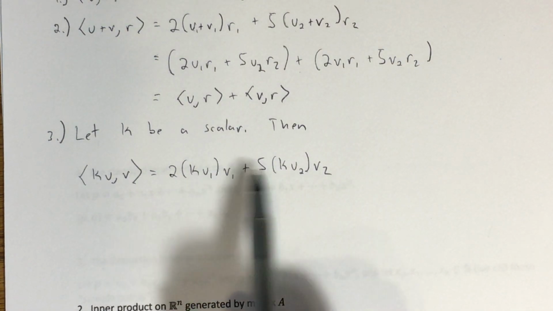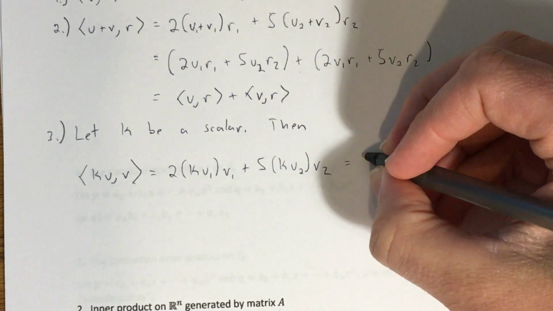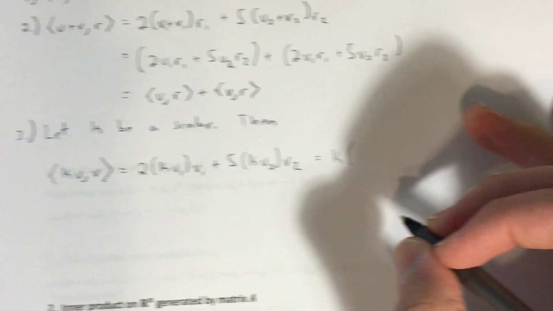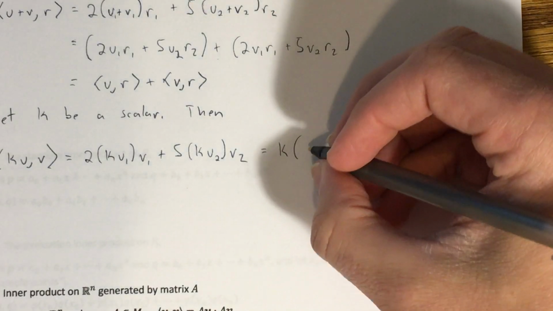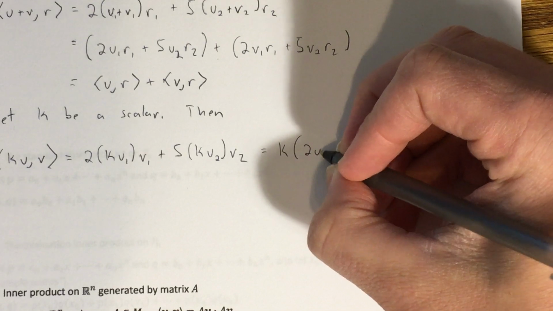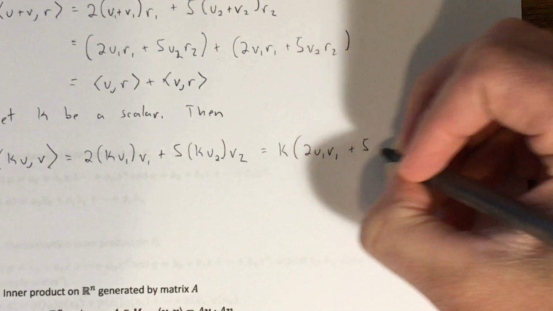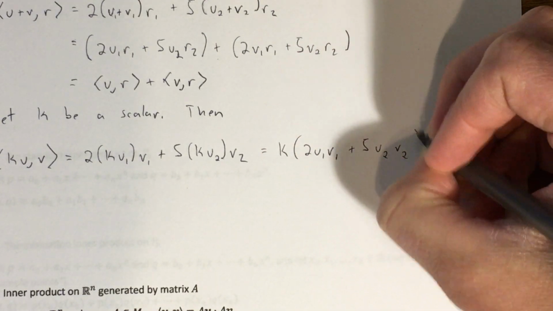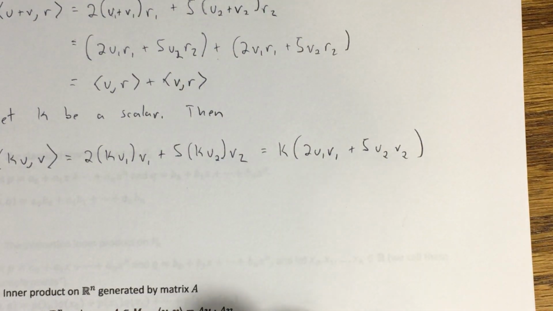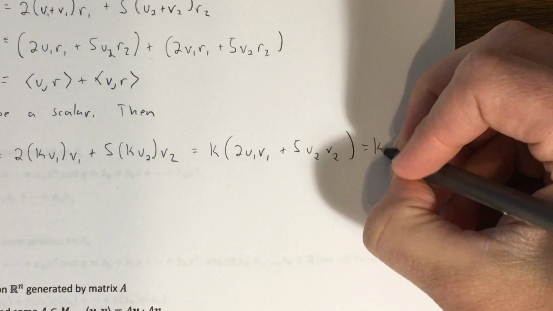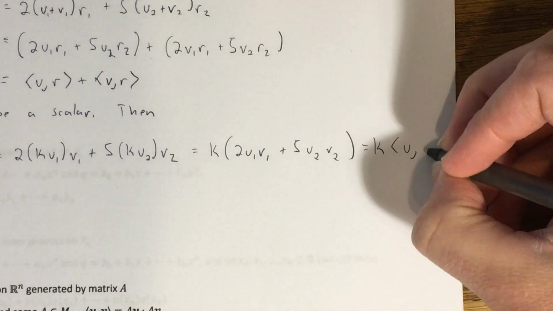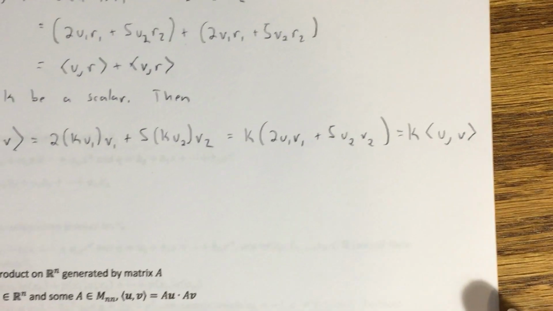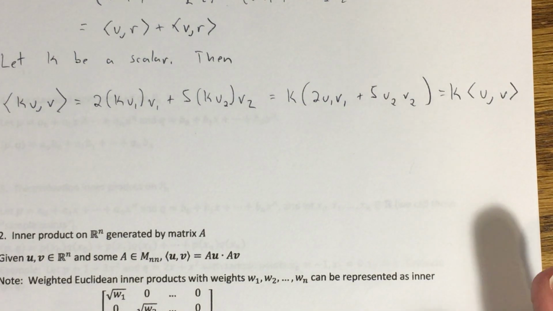Two terms, each one has a factor of K, which means I can factor out the K. This is equal to K times 2 U1 V1 plus 5 U2 V2, but the stuff that remains in parentheses is just the inner product of U with V, so this becomes K times the inner product of U with V, and there's my homogeneity property.